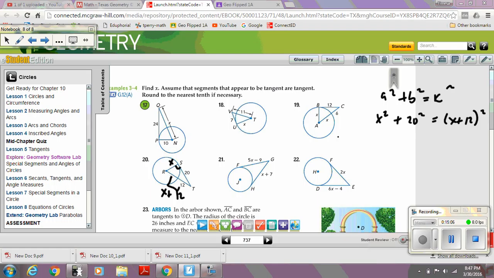So that would be x squared plus 400 is equal to... Now again in class, when it comes to multiplying x plus 12 by itself, I trained you to use the box, or you can use the FOIL method, whichever you're most comfortable with, but I recommend the box.